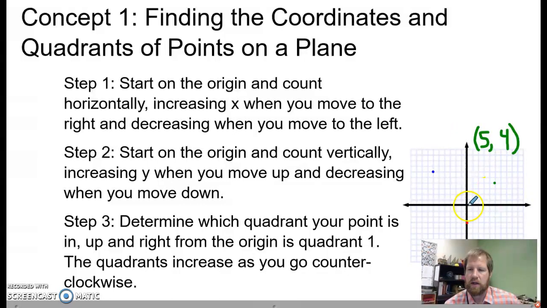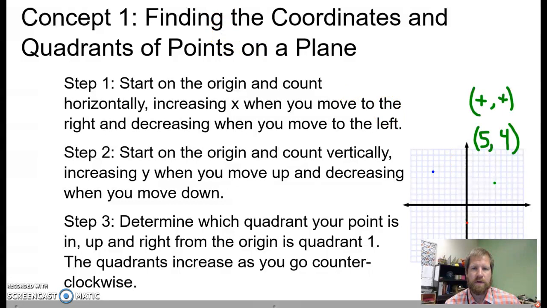This one is in area 1 because it's in the upper right. And all points that are in quadrant 1 are going to have a positive x value and a positive y value. Okay? That's one way to remember what quadrant you're in. So quadrant 1 is positive, positive.